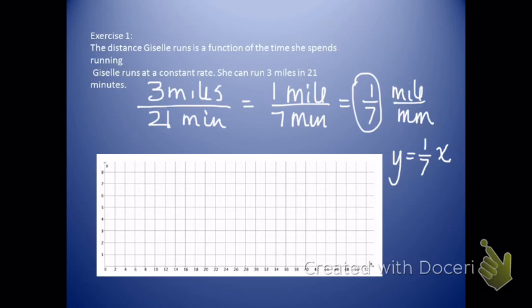So the graph of a function is just a collection of points that are input-output pairs. So we can choose some time. So if x is 14, that means she's been running for 14 minutes, then the output would be 1/7 of 14, or 2 miles.